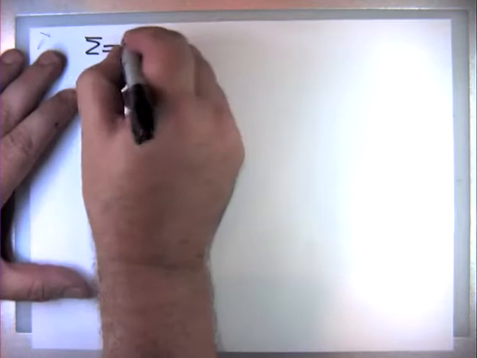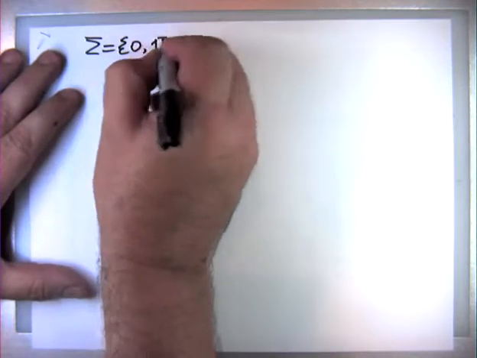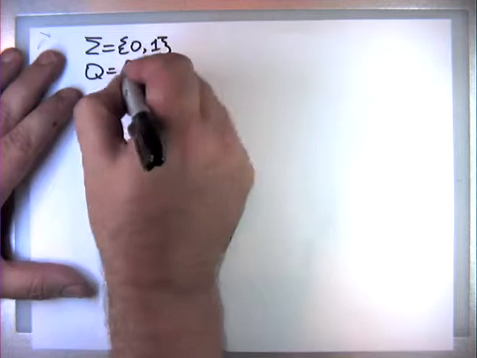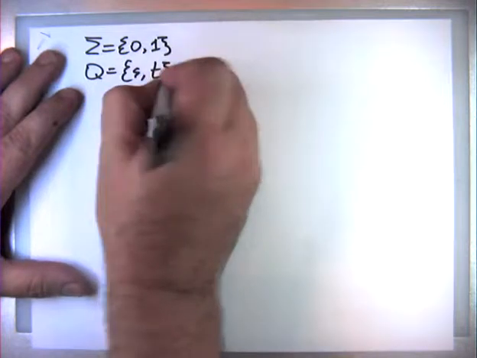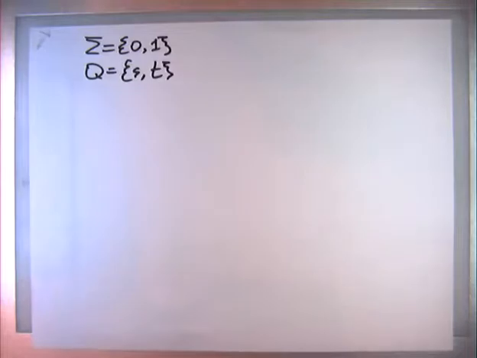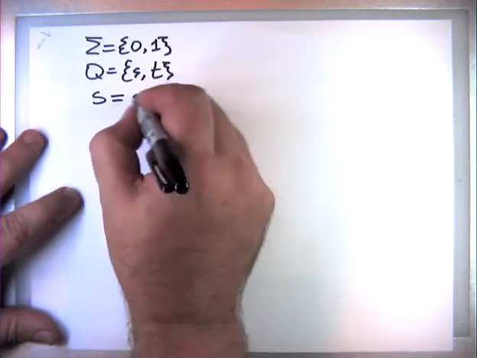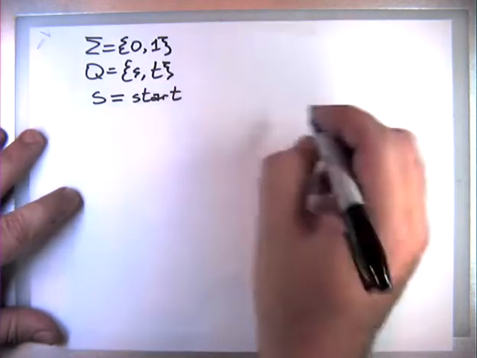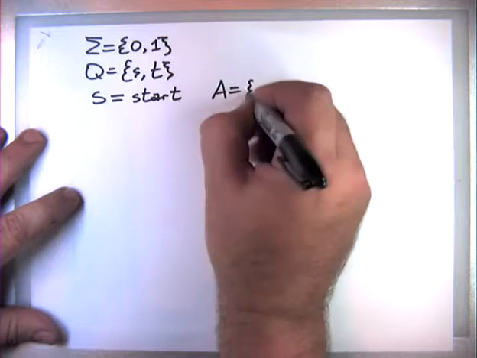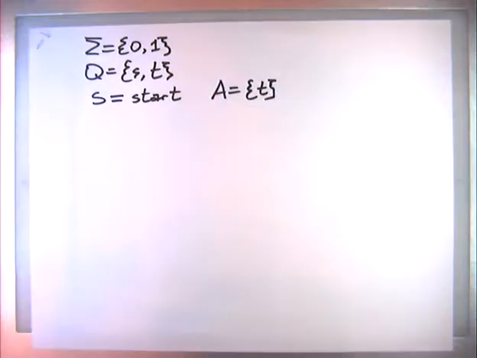Okay, so I'm going to have an alphabet, which is 0 and 1. I'm going to have two states, which, because I don't really want the two states to have the same name as the input alphabet, I'm just going to call them S and T. S is the start symbol. The only accepting state here is going to be T.